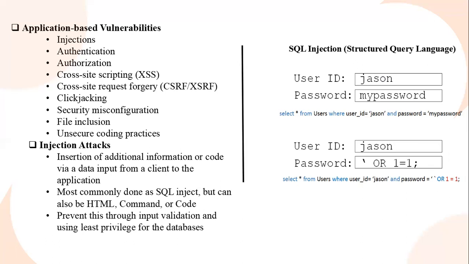And the password part now says, and password is equal to this or this. Now, the question is, what you have before the OR, is it true? The answer is yes. So it's going to allow it. 1 is equal to 1. Is it true? The answer is yes. And of course, the person ends his or her statement.